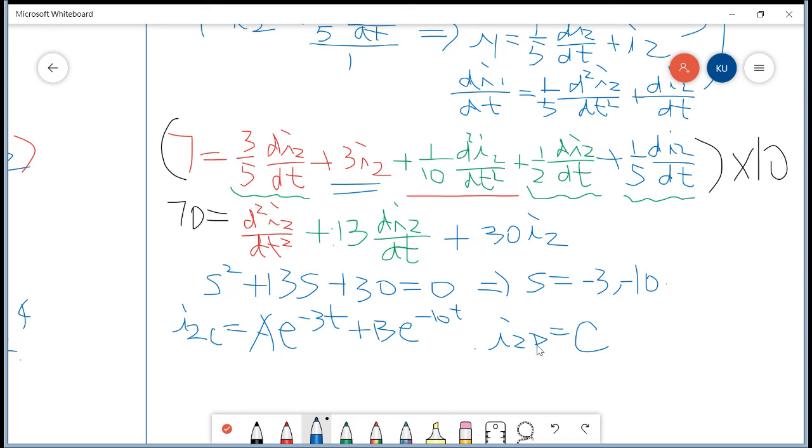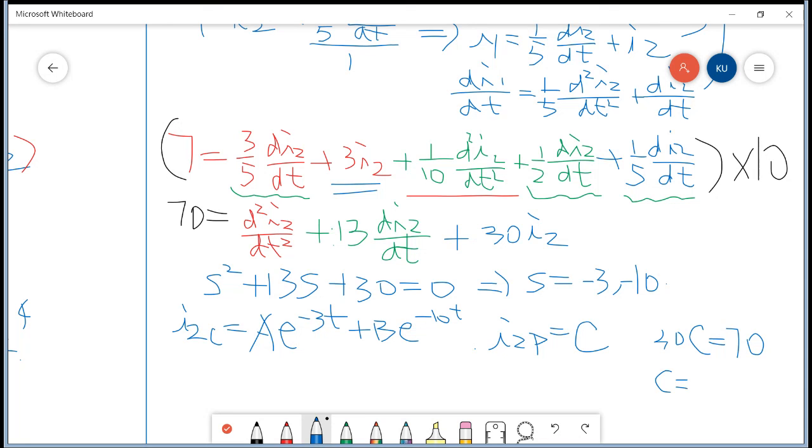So we substitute this one into here, second derivative with 0, first derivative with 0. So we will have 30 I2p, or 30c, to be 70.